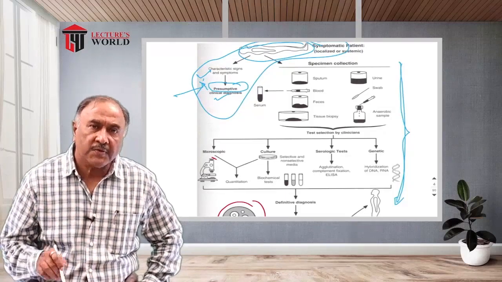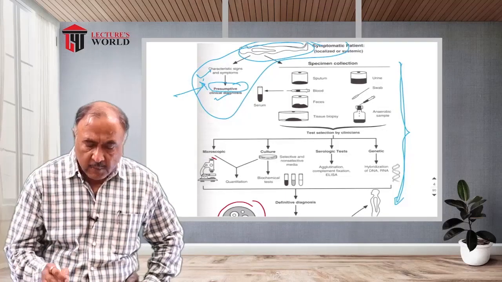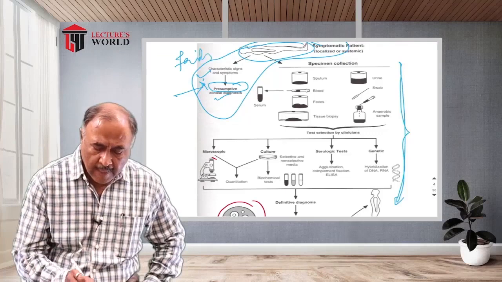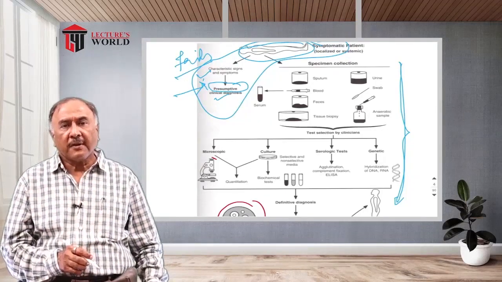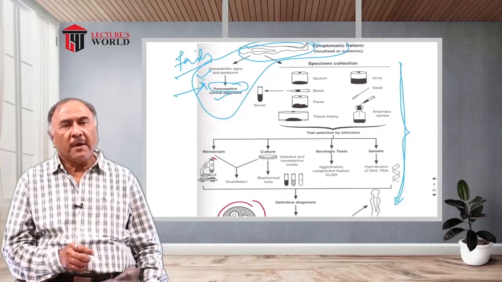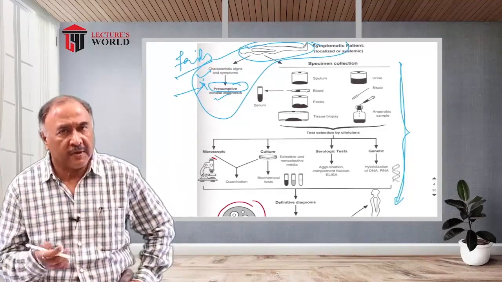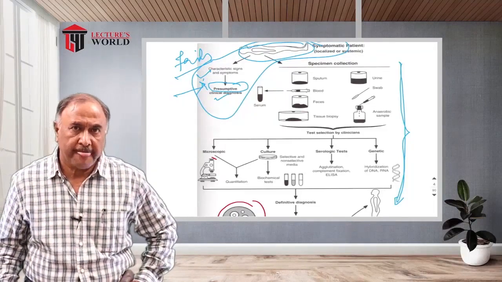And these things are also essential when this presumptive clinical diagnosis fails. Fails in the sense that even after giving him a few doses of antibiotics or drugs, the patient does not show any improvement.